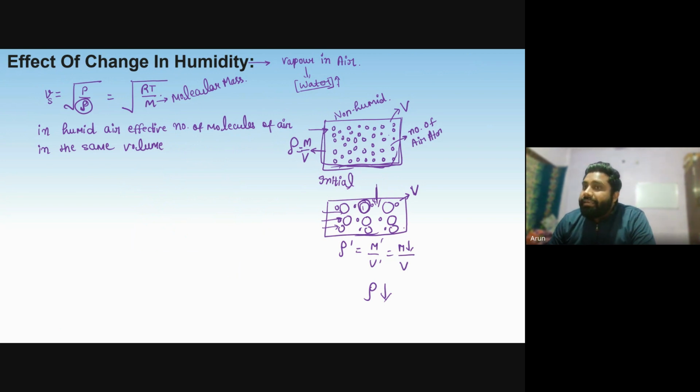It doesn't mean that they have disappeared. Mass is constant. They have moved further. So the effective number in this particular volume is reduced. Got it?